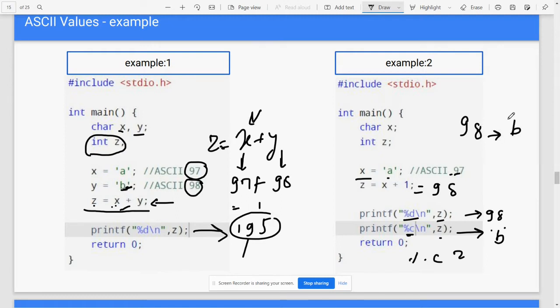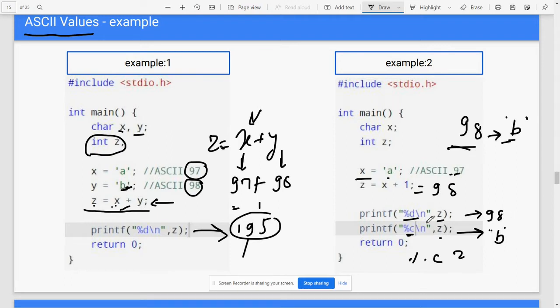When you write this %c, it tells the computer to give the character associated with 98. ASCII is universally defined, so it knows that you are talking about small b. Because you put %c, which is the format specifier for a character, we will get a small b here. So the output will be 98 and a small b.